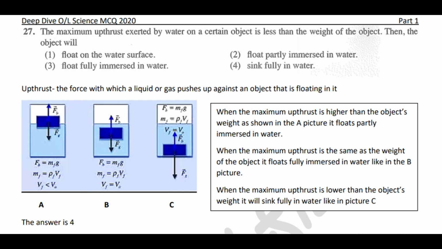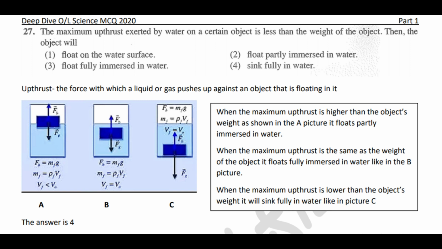Okay. When maximum upthrust is higher than the object's weight, as shown in picture A, it floats partly immersed in water.